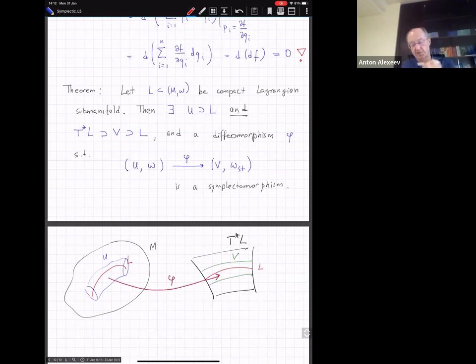So that's fine. You see this is a very similar statement in spirit, and of course I don't want you to work for hours and hours, but maybe you should just take inspiration from the proof of Darboux that we saw today and try to imagine how it's going to work.